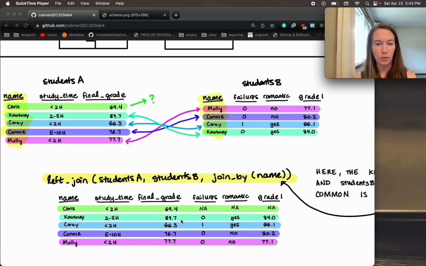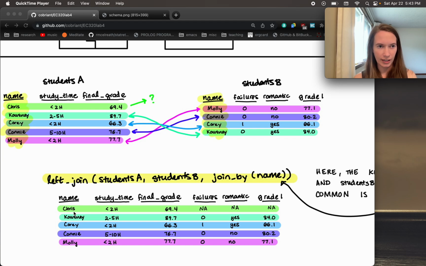And then what left join is able to do is it looks for Courtney's data over here, and then it fills out the information for her. So she has not failed any classes, she's in a romantic relationship, and she has a first semester grade of 84.